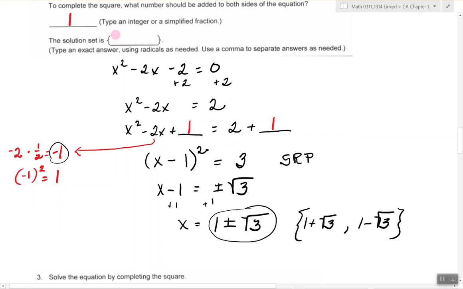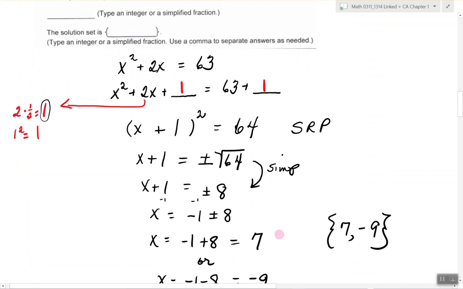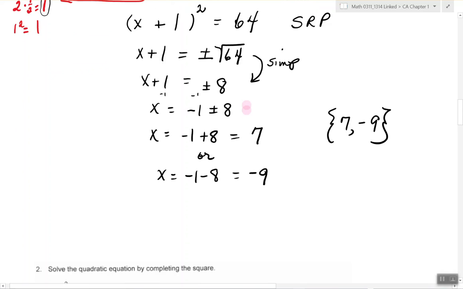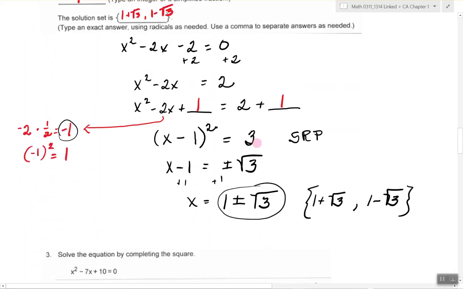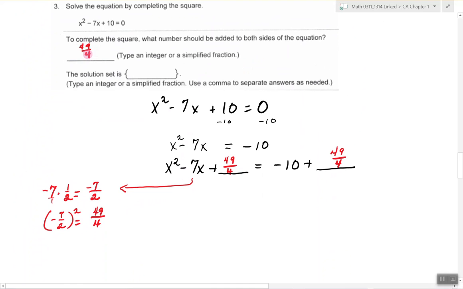The solution set is 1 plus square root of 3, comma, 1 minus square root of 3. In the first problem, what I added to both sides again was 1, but my solutions were 7, comma, negative 9. So I neglected to mention that the questions are asking you for what was added to both sides. I have it, but I was not calling your attention to that. So let's continue.